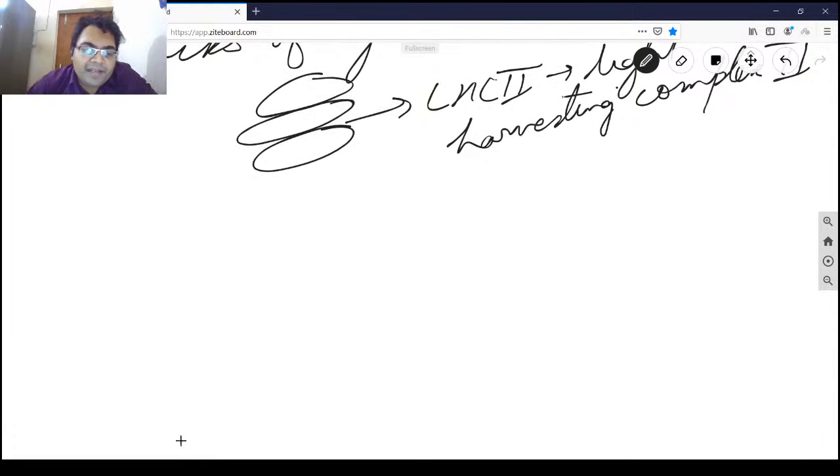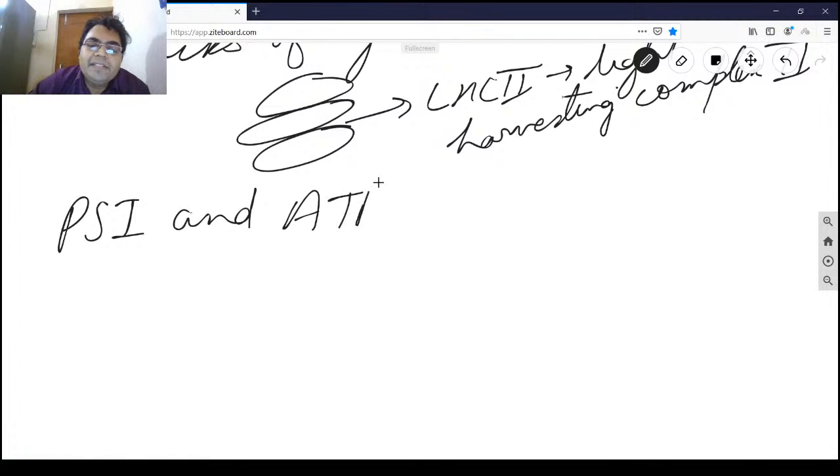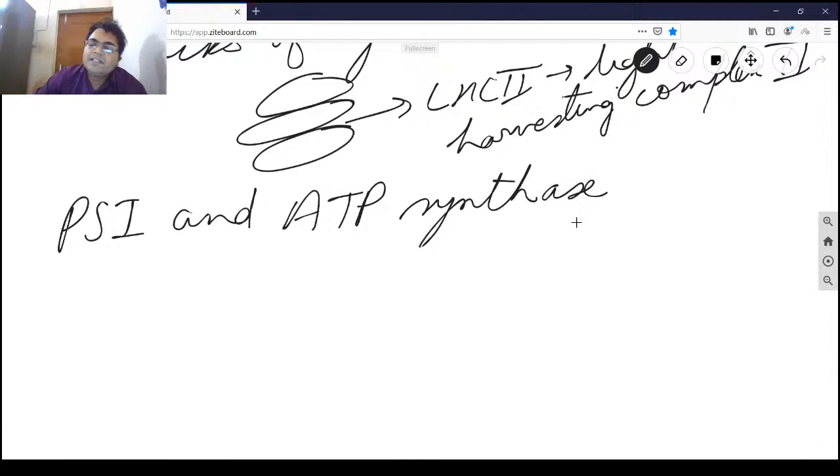Now where is the location of PS1? PS1 and also the ATP synthase, which is the F1 F0 ATP synthase in case of humans, the same analog is present in plants also.